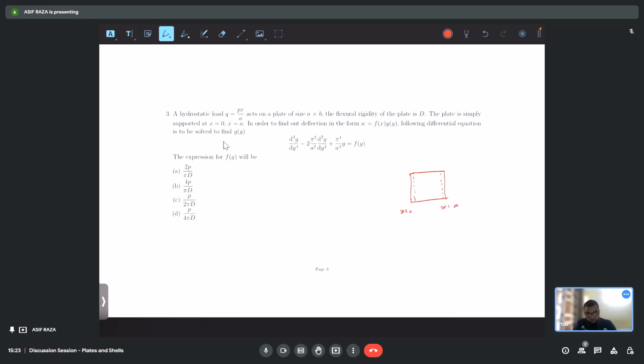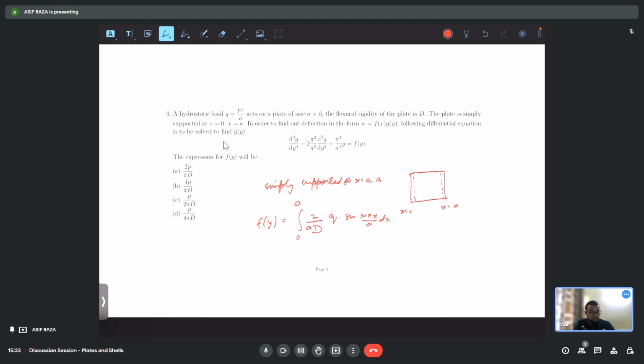So for this we have the simply supported condition at x equal to 0 and a. For this we have Fy is equal to integral 0 to a, 2 upon a, d q sin(m pi x upon a) dx.